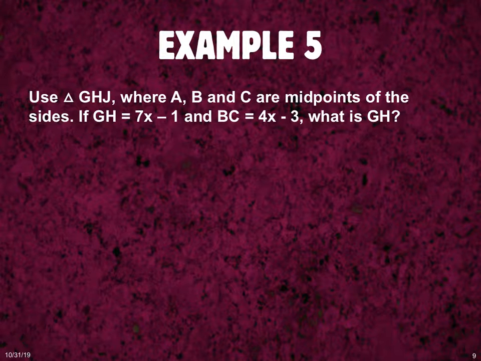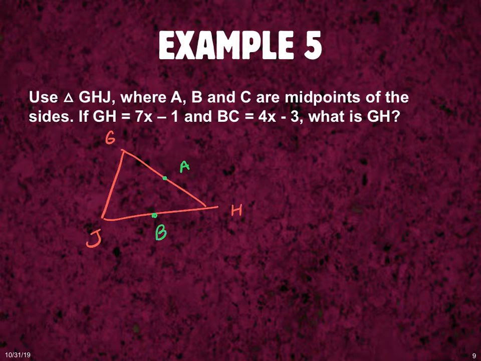Okay, example 5 says use triangle GHJ, so I don't know what it looks like, where A, B, and C are the midpoints of the sides. And it says GH, this one here, is 7x minus 1, and BC is 4x minus 3.